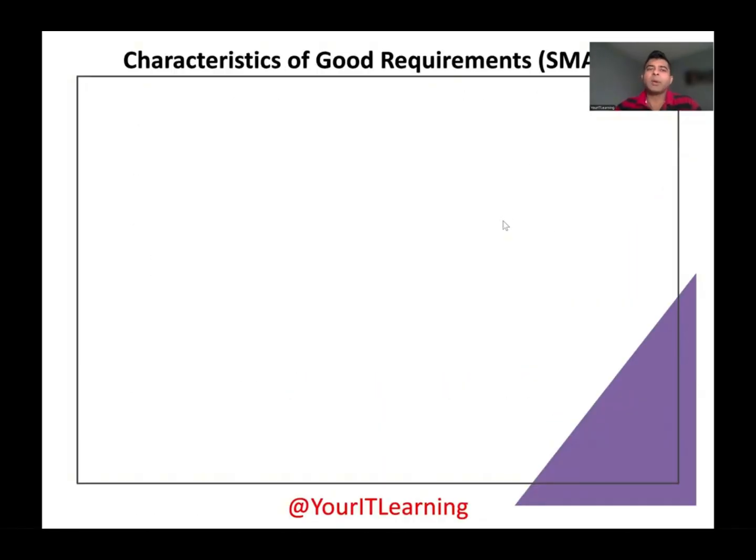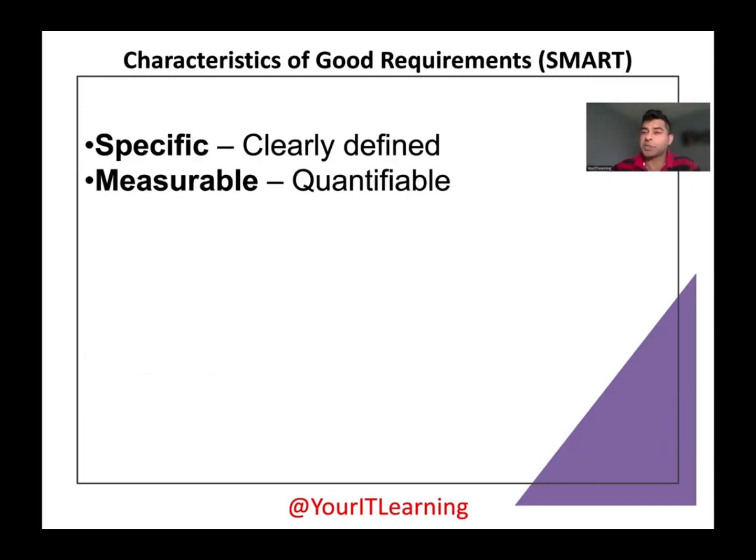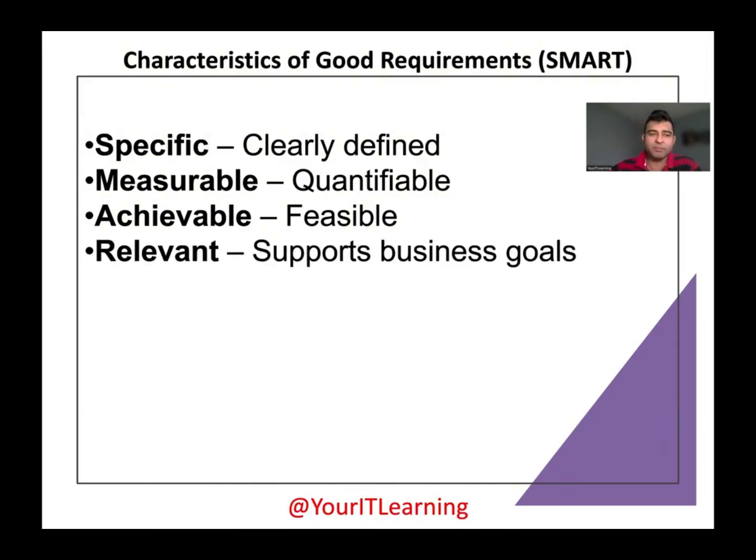So now talking about characteristics of a good requirement, which is also called SMART. S for specific, clearly defined requirements. M for measurable, quantifiable. So when you create something, you can quantify that. Achievable, like you are creating a user story which is feasible to produce, or a product which is feasible to produce.